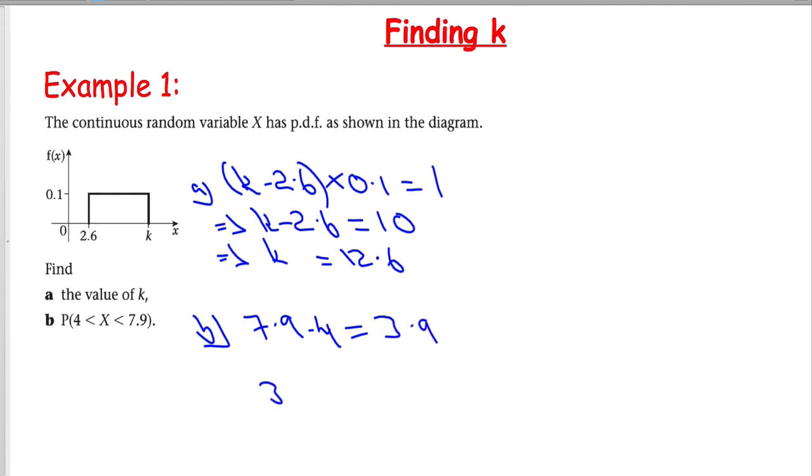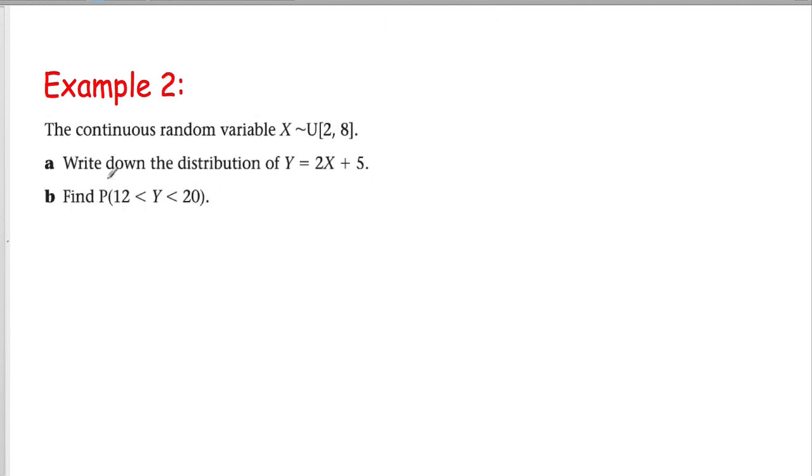And if I do 3.9 multiplied by the height, which is 0.1, that will give me the area under the curve, and 3.9 times 0.1 will give me 0.39. So a fairly straightforward example there, remembering that the area under the curve is the probability. And it's quite handy when our shape is a rectangle.